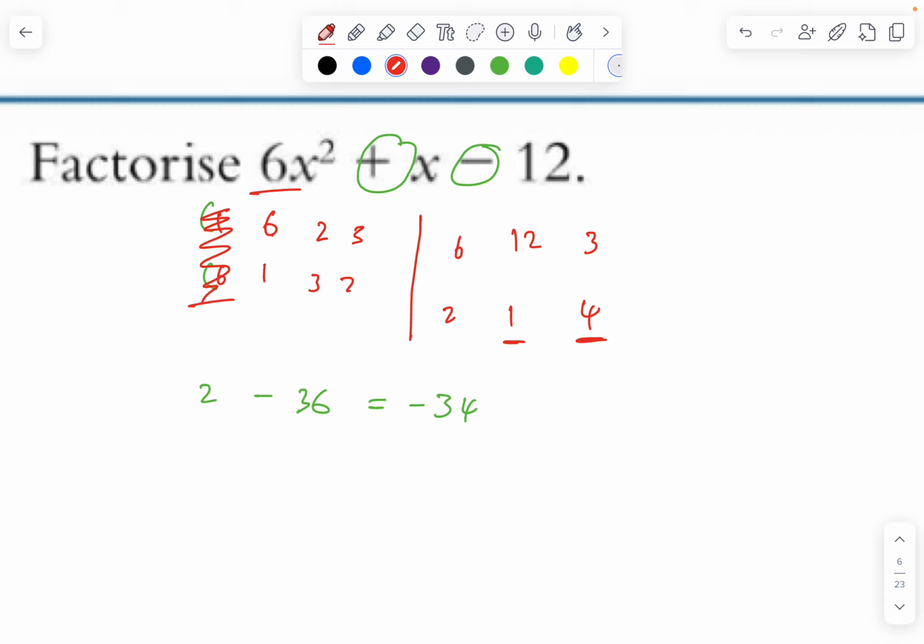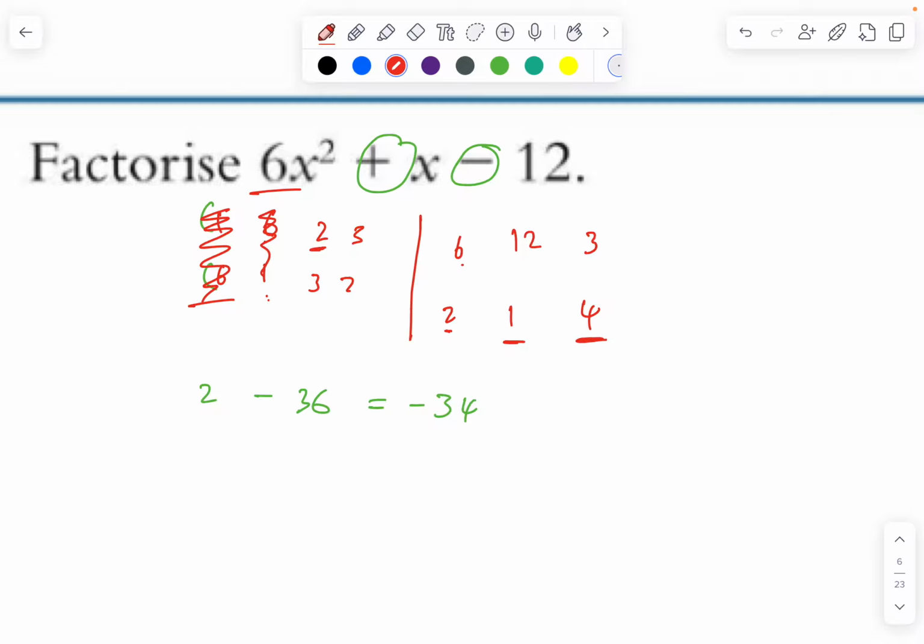6 times 2 is 12. 1 times 6 is that one. It's not going to give you 1 when you minus it. So you're looking for the one where, when you cross multiply them and minus the products, it gives you 1. It seems like most of them are not going to be successful. This row we can cancel out because it's not going to work out either. Let's try this one. 2 times that one is 4.